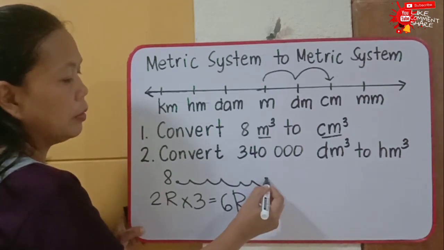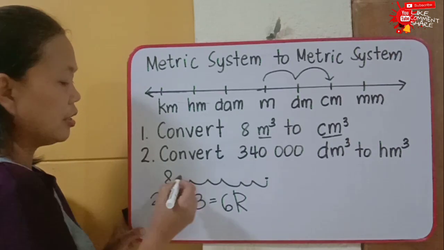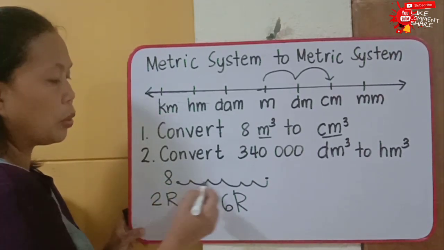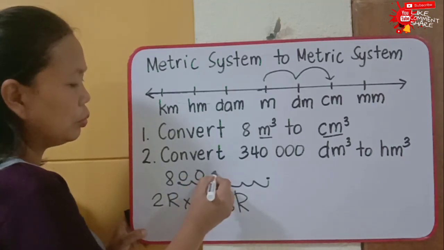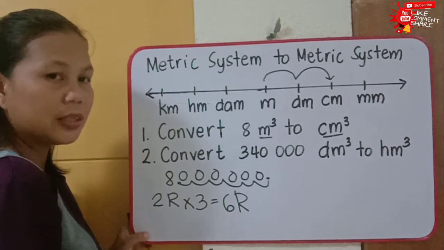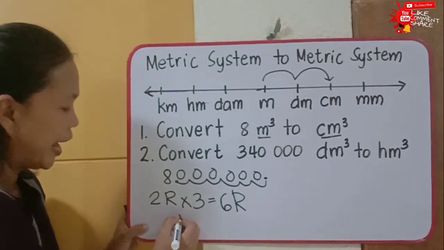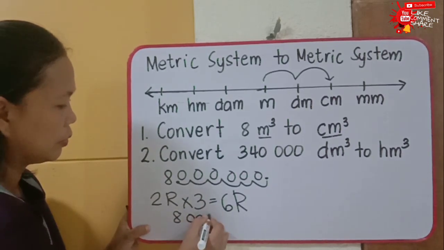So this will now be the new location of the decimal point. So we put zeros in those spaces. So we have 1, 2, 3, 4, 5, 6 zeros. So our answer will be 8 million.